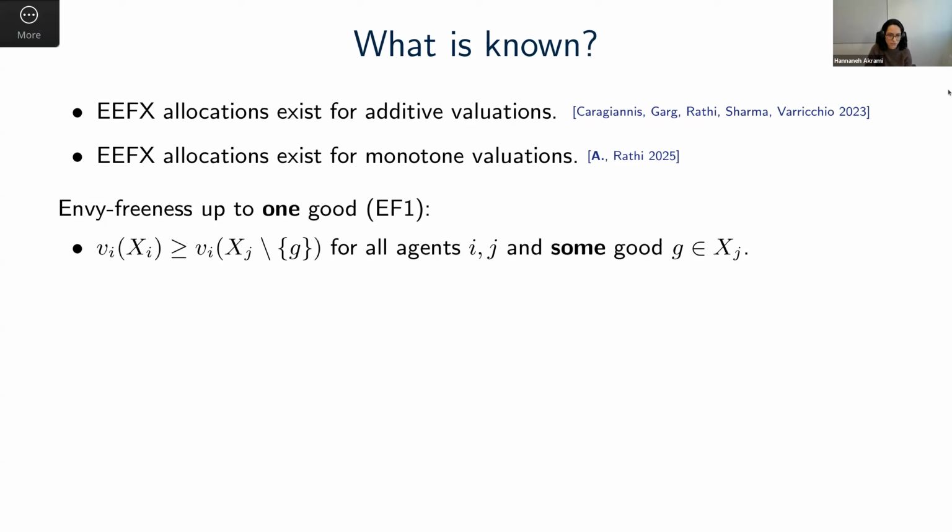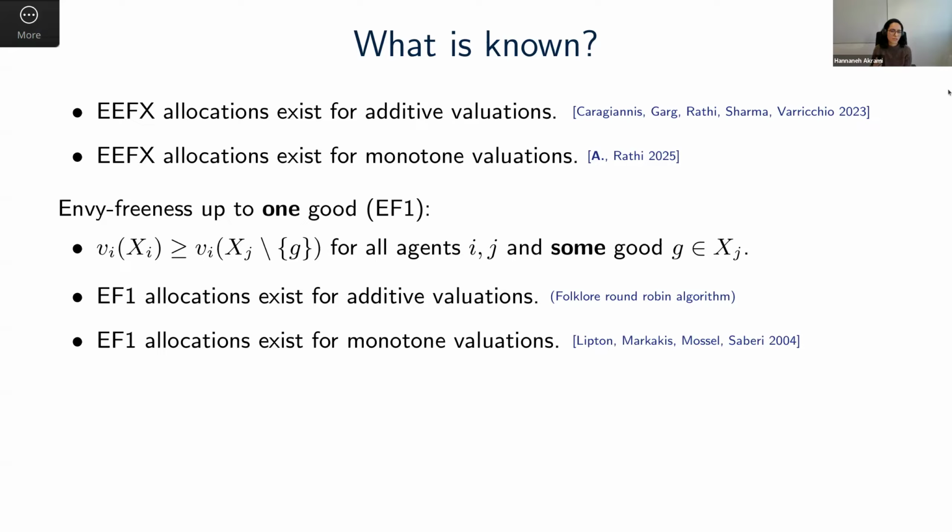EFX for additive valuations was saying that upon ignoring the least valuable good, I should stop envying another agent. And EF1 is saying that if the envy is gone even when I ignore the most valuable good of the other agent, I'm still happy. Okay, so it is also a relaxation of EFX.